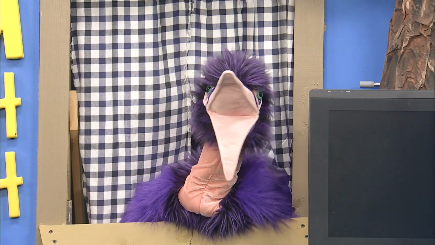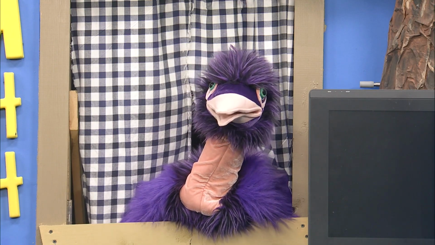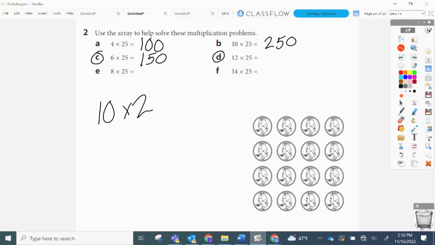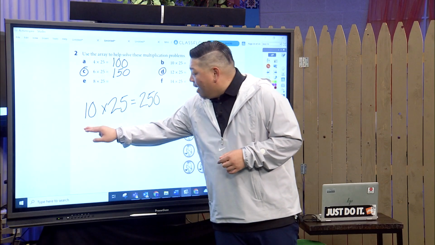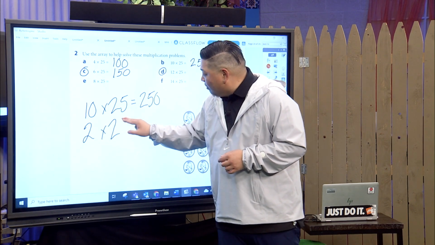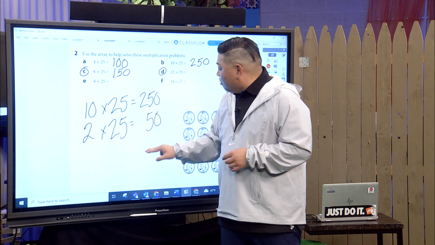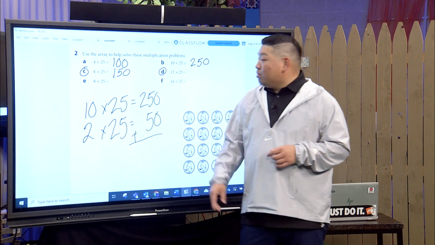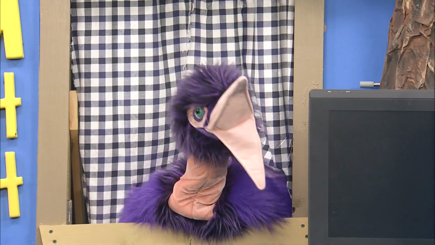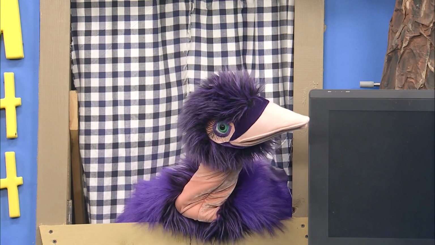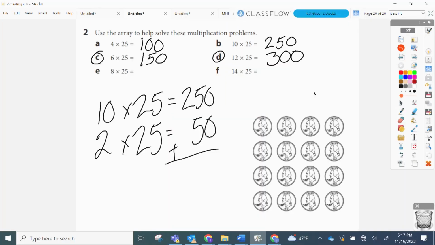Well, 12 is 2 more than 10. Right. So we have 10 times 25, which equals 250, and we used our mental math strategy to figure that one out. And then 2 times 25 is just going to be 50. Now add them up. We can add up 250 plus 50 equals 300. Look at us using mental math.